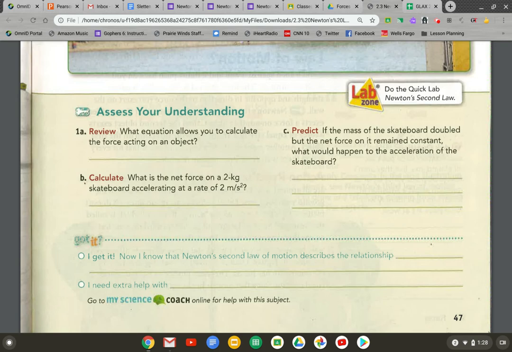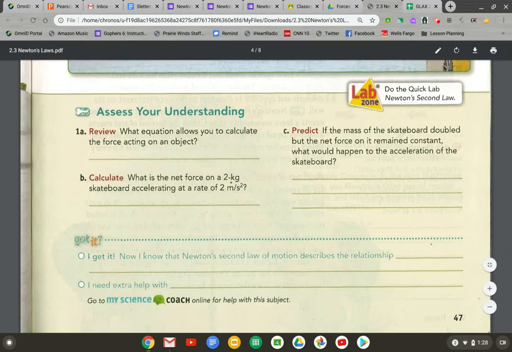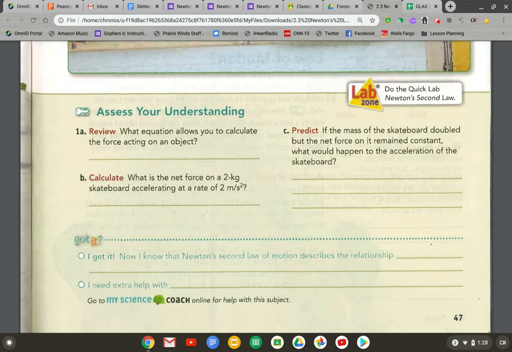Now letter B: what is the net force on a 2 kilogram skateboard accelerating at a rate of 2 meters per second squared? Force is mass times acceleration, so 2 kilograms times 2 meters per second squared gives us a net force of 4 newtons.